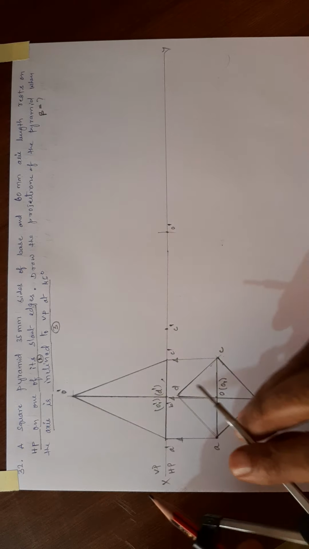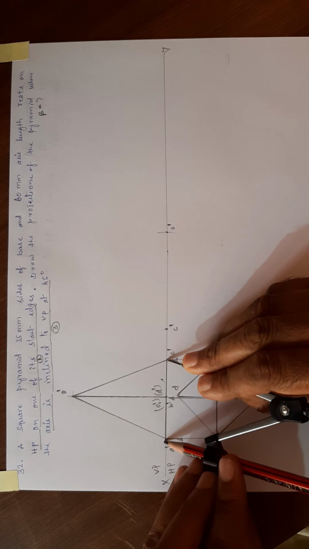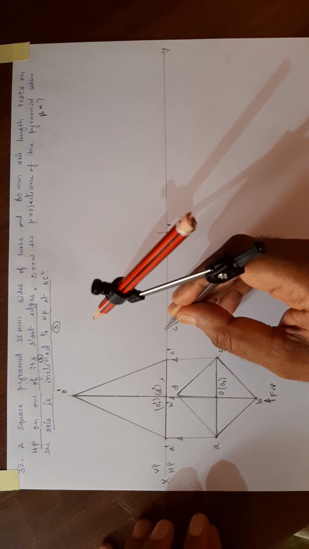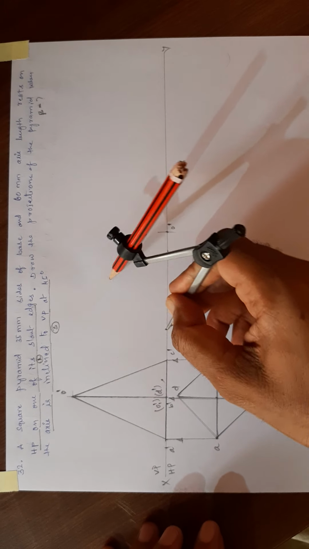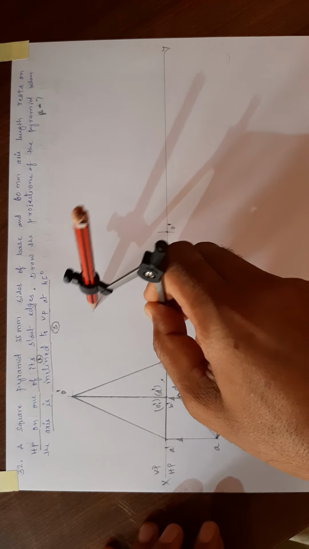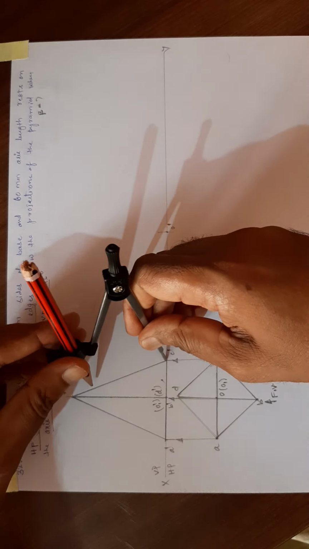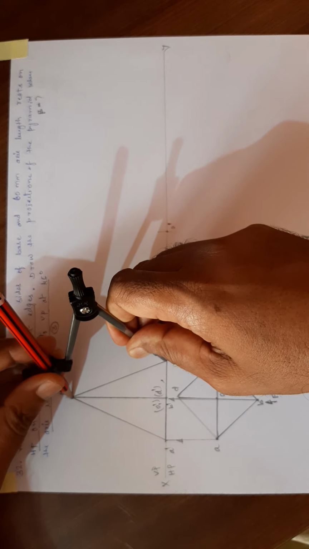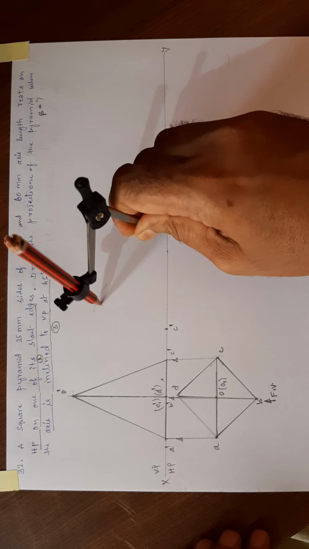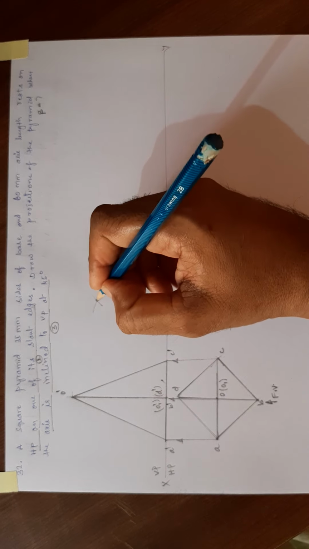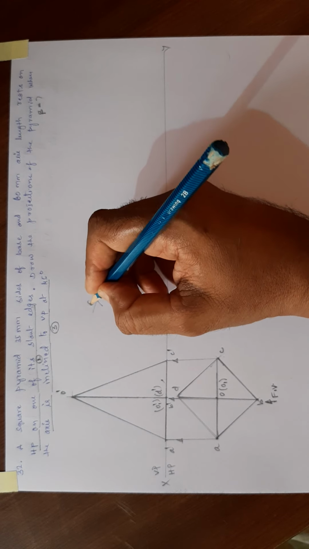Now similarly, measure the base edge in the front view and draw an arc from C dash. Now similarly take this C dash O dash, keeping at O dash and cut the previous arc. Now we will get this point, A dash.